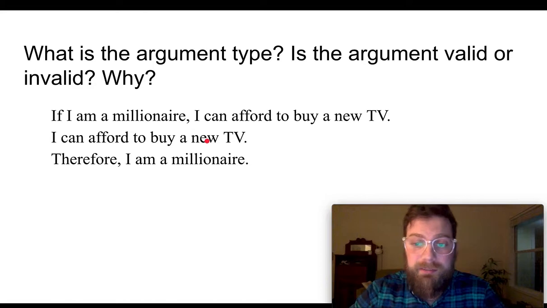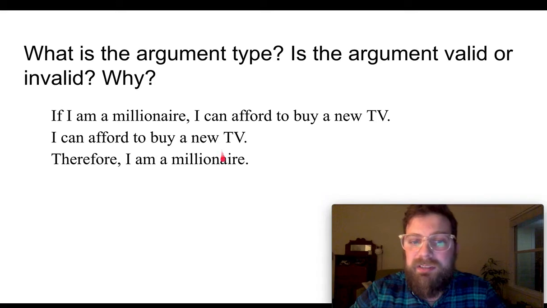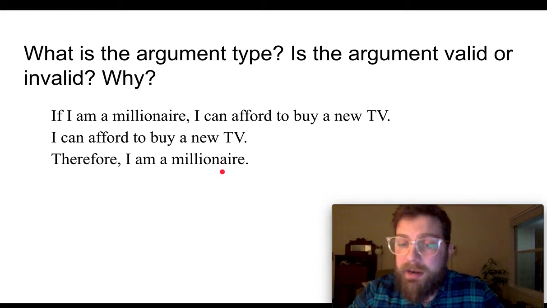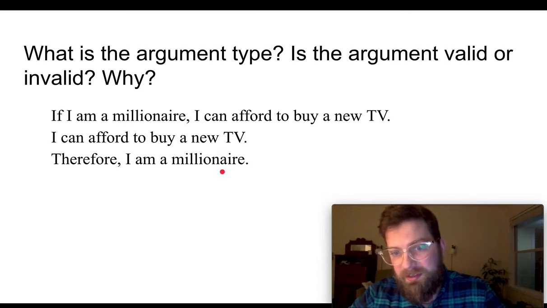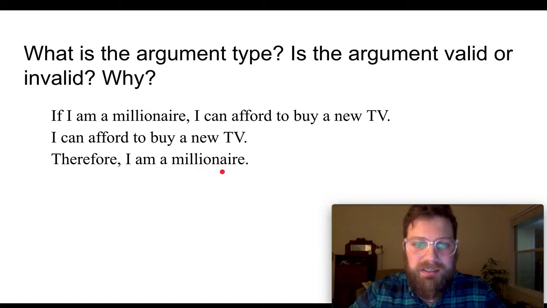But if that TV broke suddenly, I could scrape up the $200 or $400 or whatever it costs to buy a new TV. So that shows that it's true that millionaires can afford to buy new TVs, but that just because you can afford to buy a new TV doesn't necessarily mean that you're a millionaire. It just means that you're a person with at least $200 or $400 that they can spend at the moment.